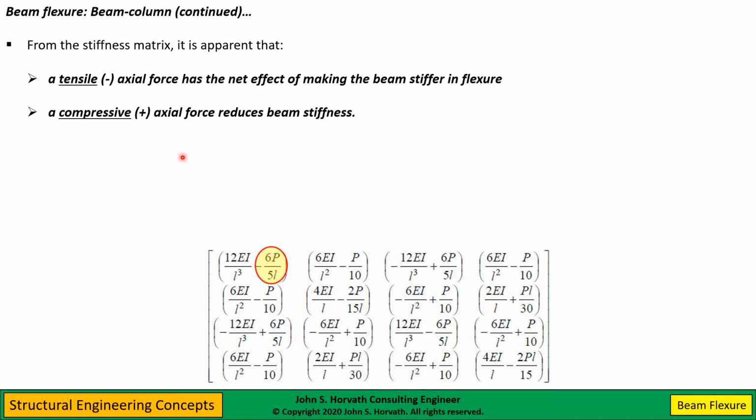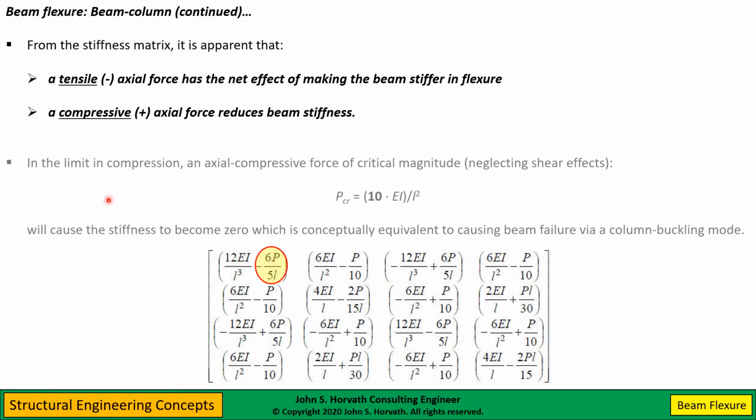And in compression, the axial force will cause a reduction in beam stiffness. These terms will decrease in magnitude. So then in the limit in compression, we see that when the axial force goes to 10 EI over L squared, this will cause some of the stiffness terms to become zero, which is really conceptually the equivalent to causing column buckling.